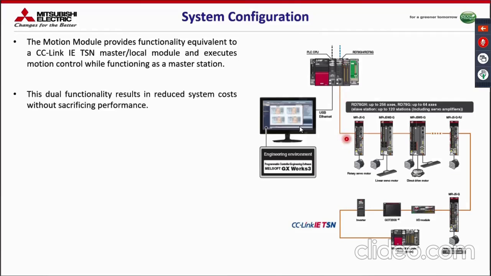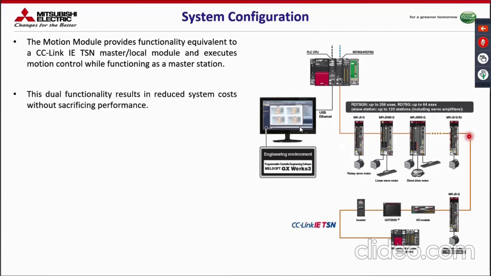You can see servo amplifiers 1, 2, 3, 4 connected. In this manner we can connect different field devices in the same common network, which is our CC Link IE TSN network, because the RD78G4 is a CC Link IE TSN network supportive model.